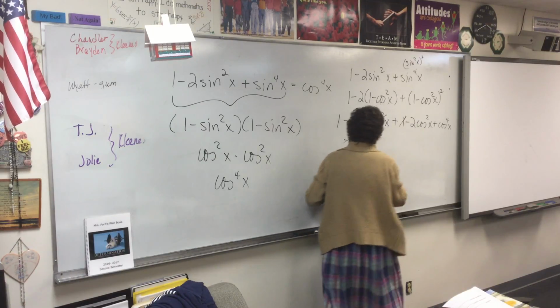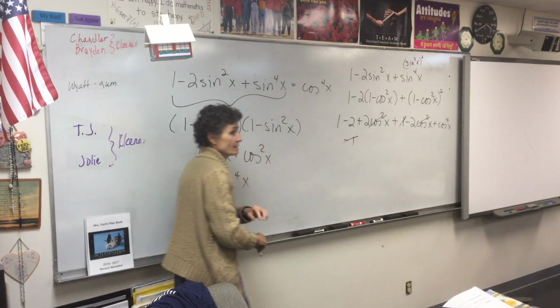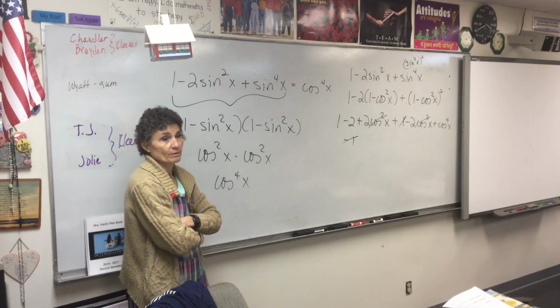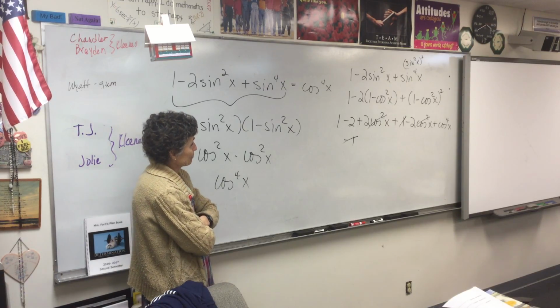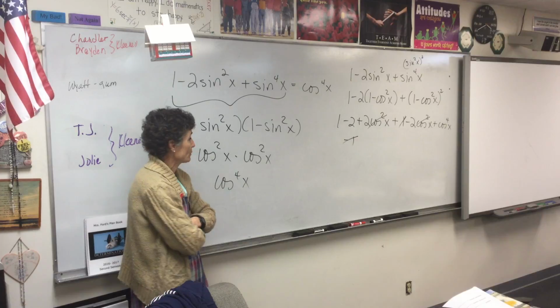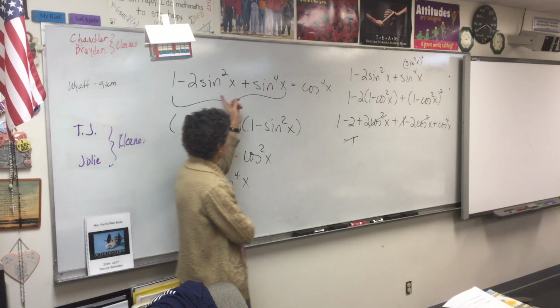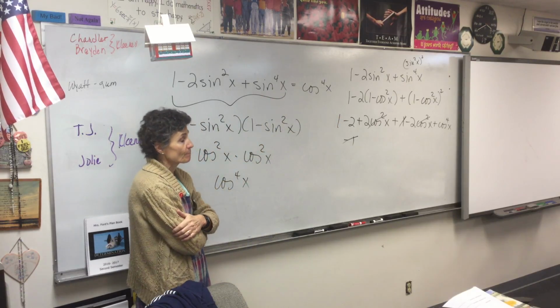That cancels. There we go. And 2 cosine squared. All that's left is cosine to the 4th. So you could do that, Antonia, very surely you could. And that's good logic too. You said I got all these sine squares, I'll just change them into cosine squares.